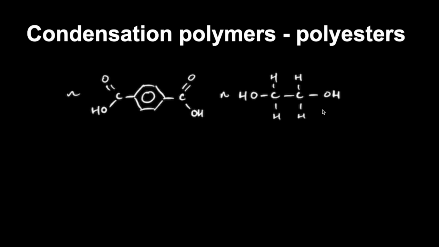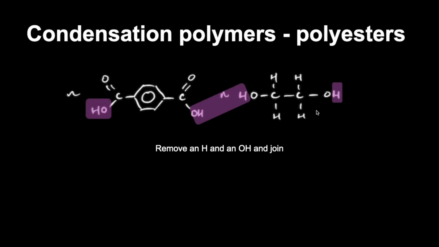To make the ester group, we need to remove an H and an OH and join the monomers together. The way I'm going to do it is I'm going to take the OH from the carboxylic acid and the H from the alcohol. Now you can do it the other way around if you want, but I'm going to do it this way.